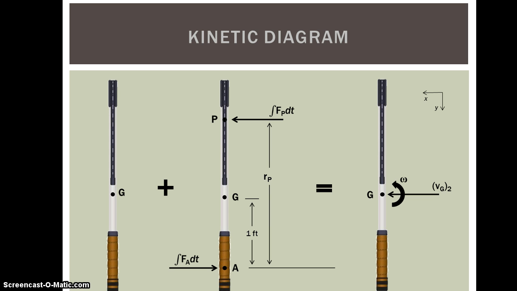As we see with the free body diagram, we have a force at P, and then we also have a force at A. It's like a resultant force with no horizontal force being applied at A. This is going to end up resulting in a moment about G with an angular velocity term, as well as some type of linear velocity term.